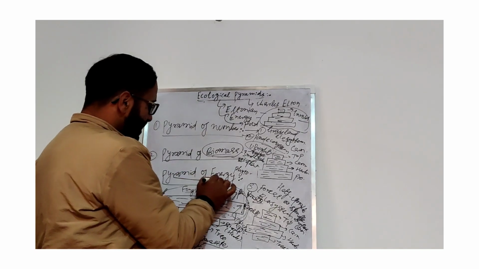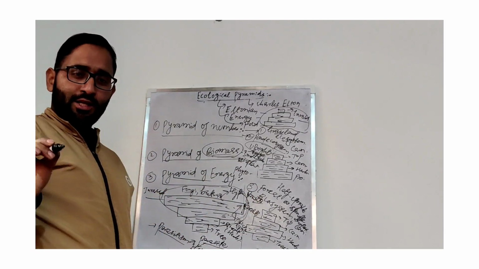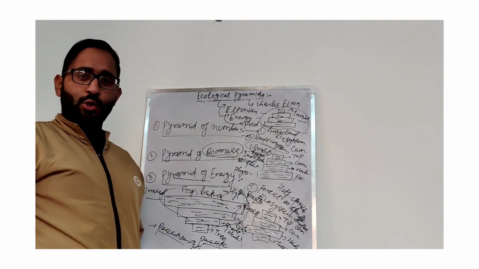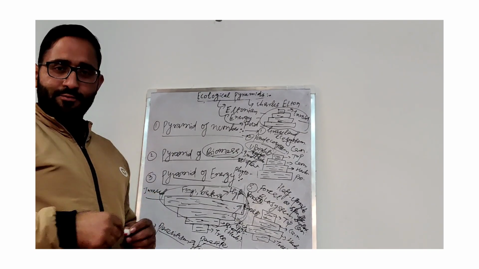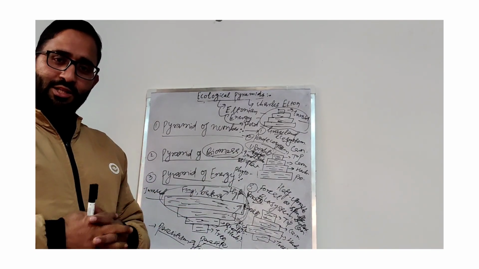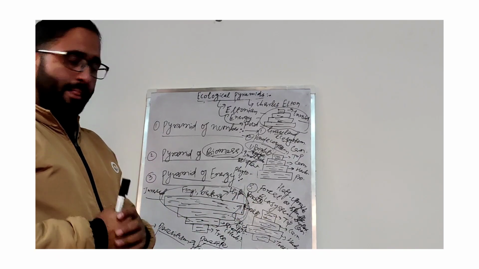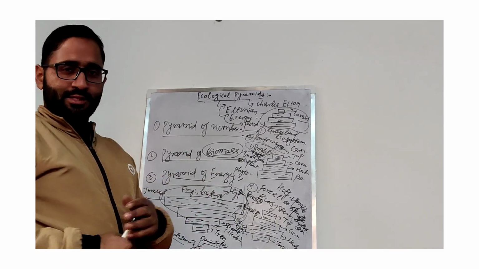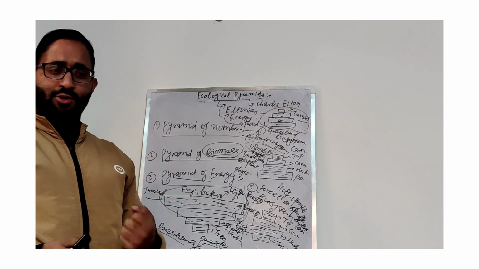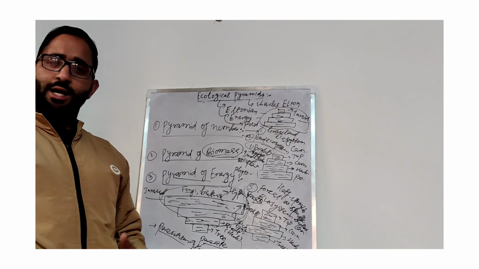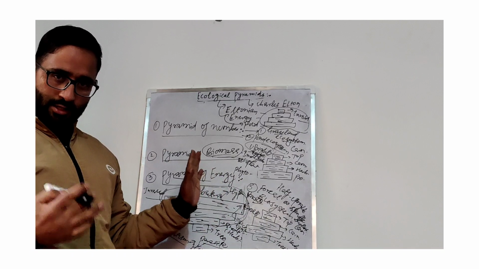Now moving to the pyramid of energy. It is a graphic representation of the amount of energy accumulated at different trophic levels. It is a graphic representation of the rate at which energy is being accumulated or produced at different trophic levels of a food chain.